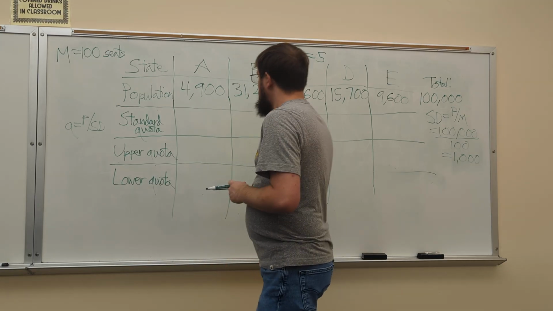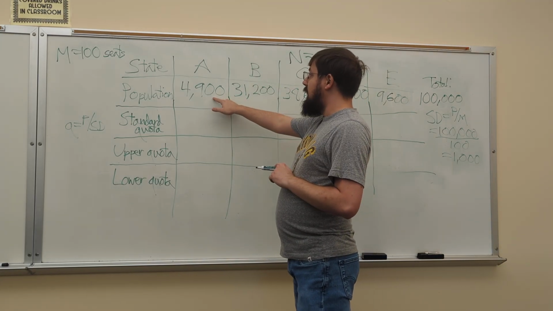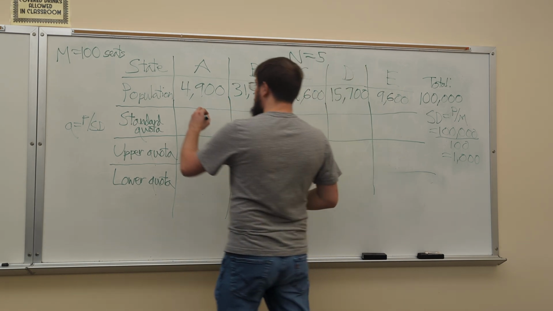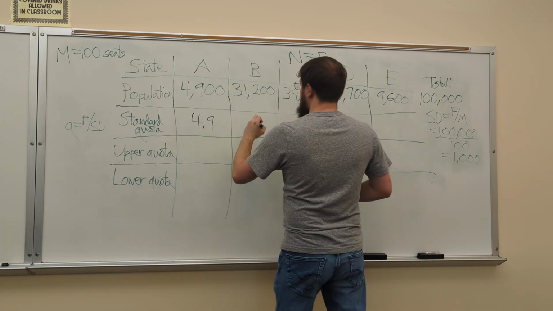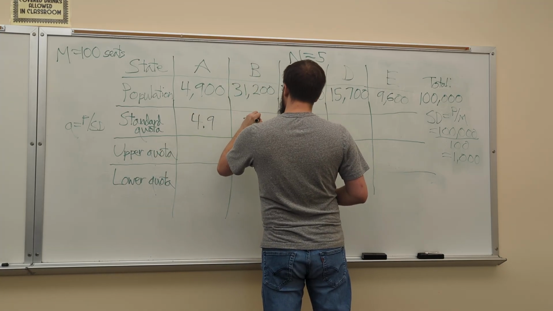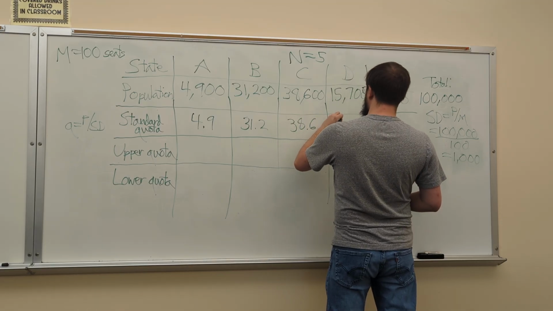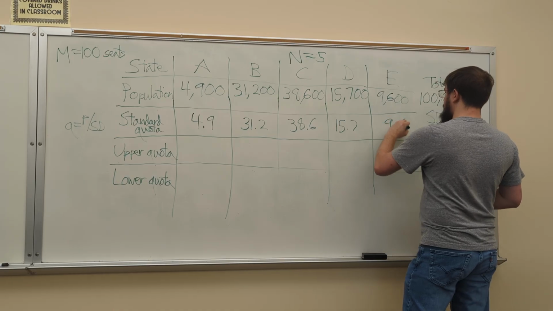So if we go down the line here, for A, our population is 4,900 divided by our standard divisor of 1,000. That gives us a standard quota of 4.9, 31.2 for B, 38.6 for C, 15.7 for D, and 9.6 for E.